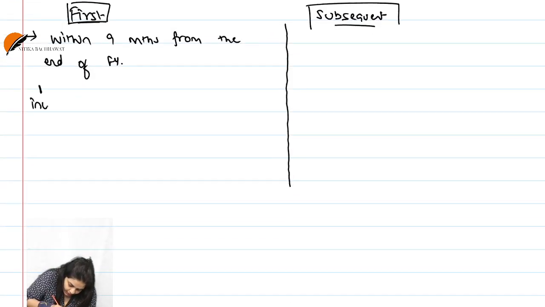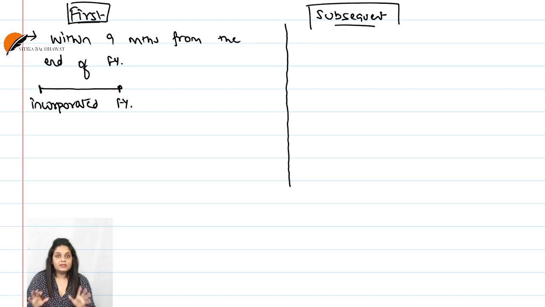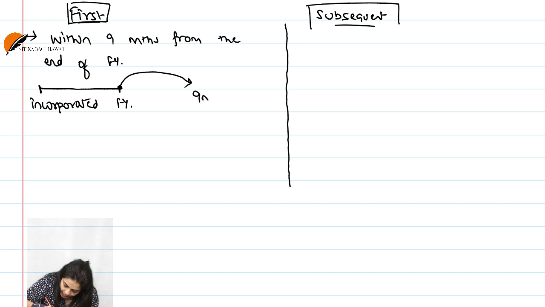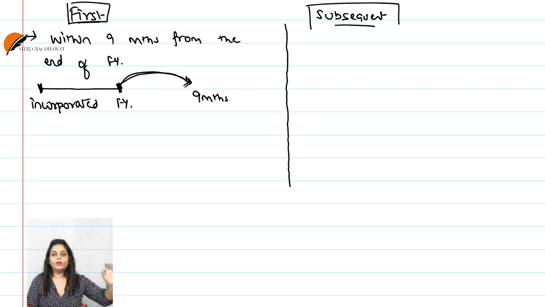That means the company is incorporated here and the financial year ends here. And from here I am talking 9 months, not from here. So 9 months from the end of the financial year. Right? The first meeting should be held within 9 months from the end of the financial year.